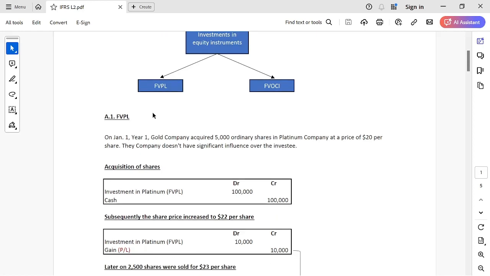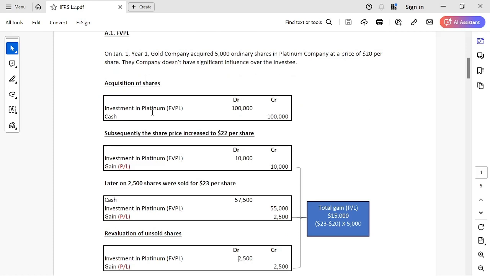Pretty straightforward, I hope. Let's have a look at an example, which makes it clearer. The company here acquired 5,000 ordinary shares in the investee at a price of $20 per share. The company doesn't have significant influence over the investee. In case of significant influence, which is beyond the scope of this video, you'd have to use the equity method.